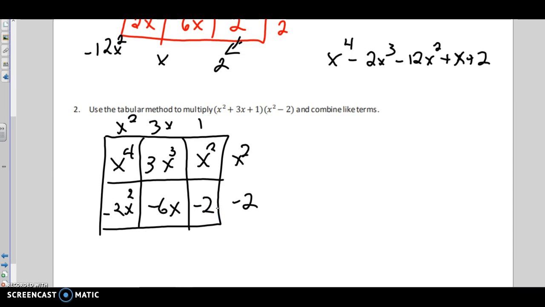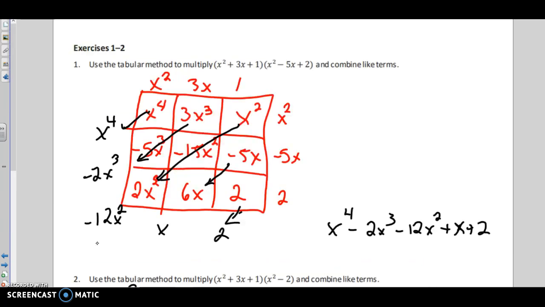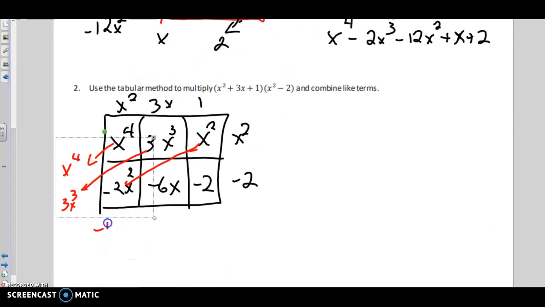This is a little different. I have an x to the fourth. I only have one 3x cubed. I have an x squared and a negative 2x squared, so I get negative 1x squared. Sorry about that. I only have one x term, and I only have one constant.